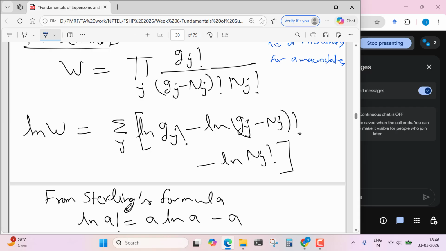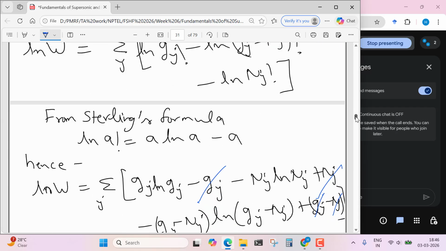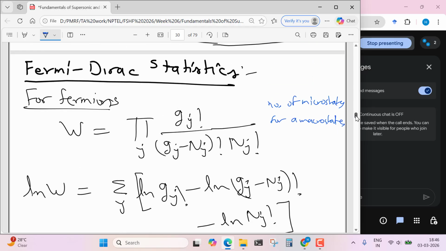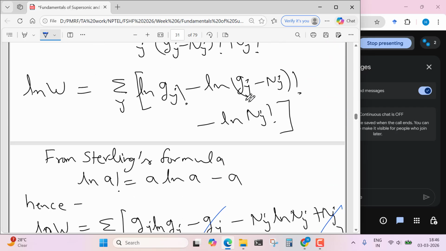So log a factorial equal to a log a minus a. If we use the Stirling's formula, this log Gj factorial will become Gj log Gj minus Gj. This log Gj minus Nj will become Gj minus Nj log Gj minus Nj minus Gj minus Nj.